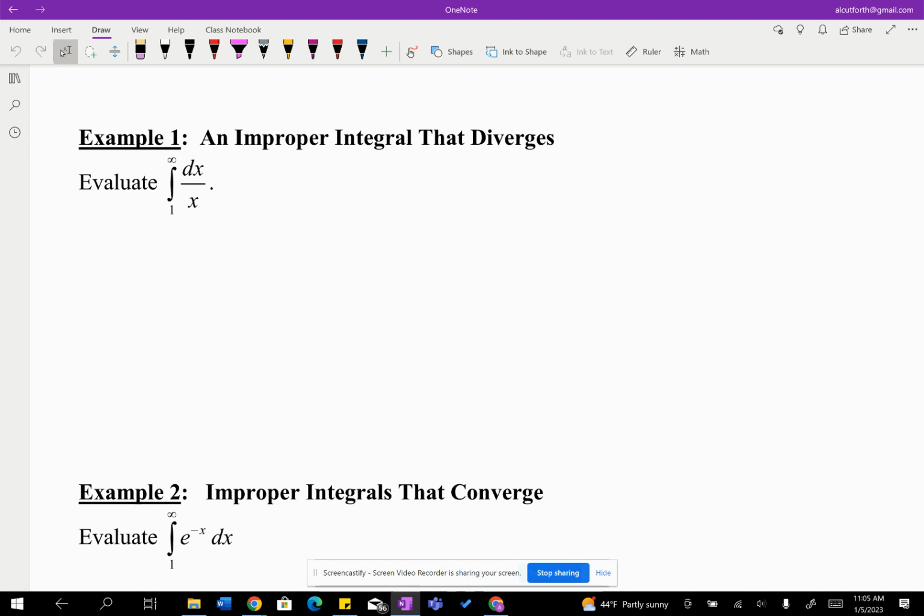So the very first thing we're going to do is replace the infinity. This is an improper integral because there's an infinity in the top limit. So we're going to replace that infinity with a b, or whatever letter you want, and we're going to do the limit as that b approaches infinity.